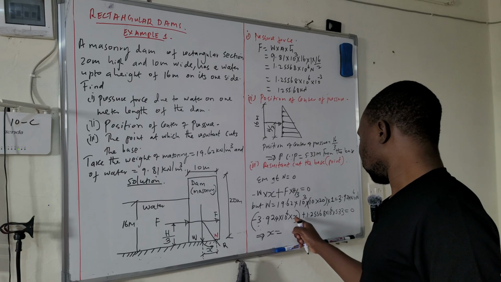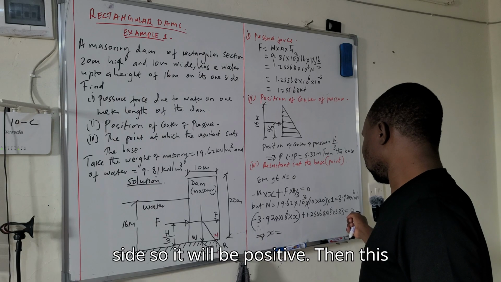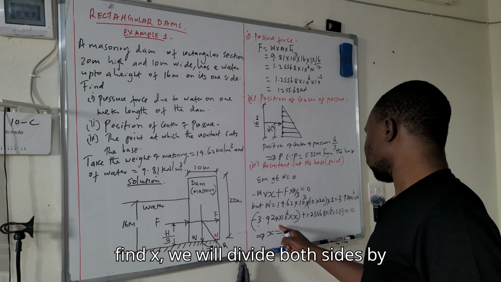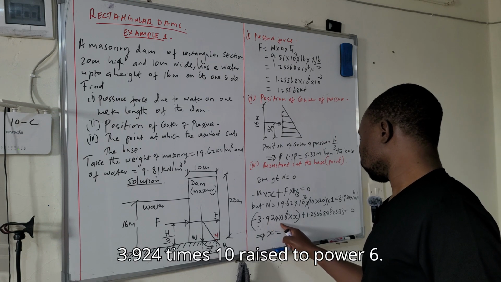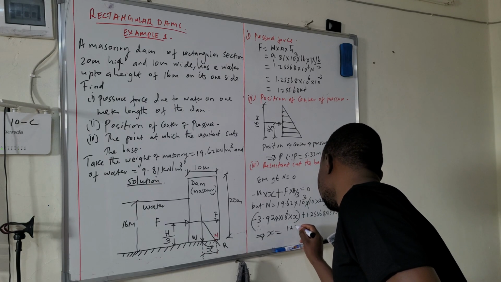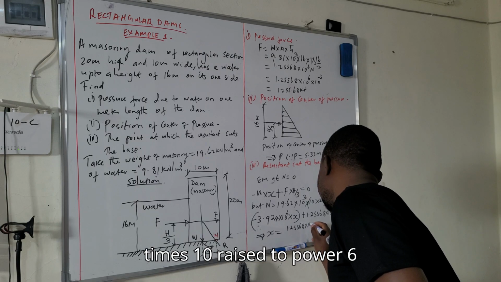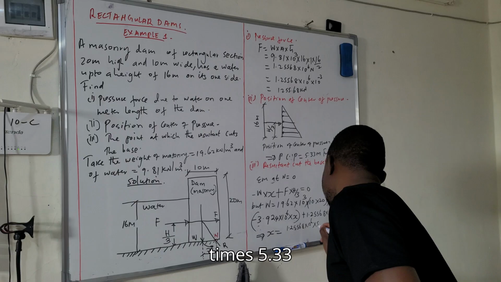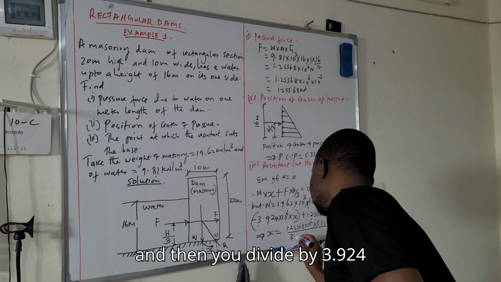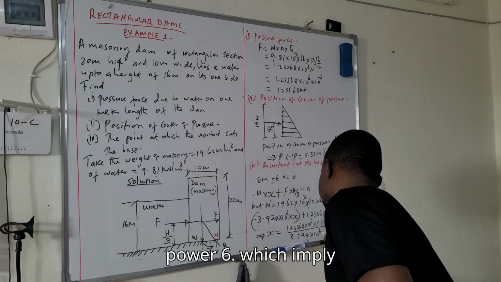So this expression will cross to the other side, so it will be positive. To find x, we'll divide both sides by 3.924 times 10 raised power 6. So our x will be 1.25568 times 10 raised power 6 times 5.33, and then you divide by 3.924 times 10 raised power 6.